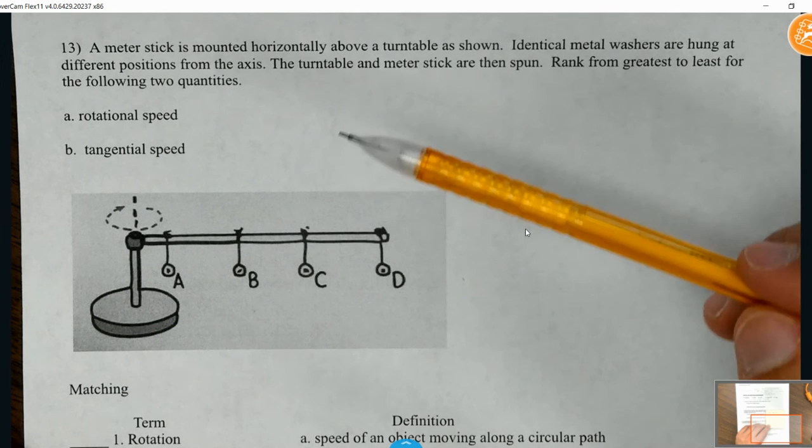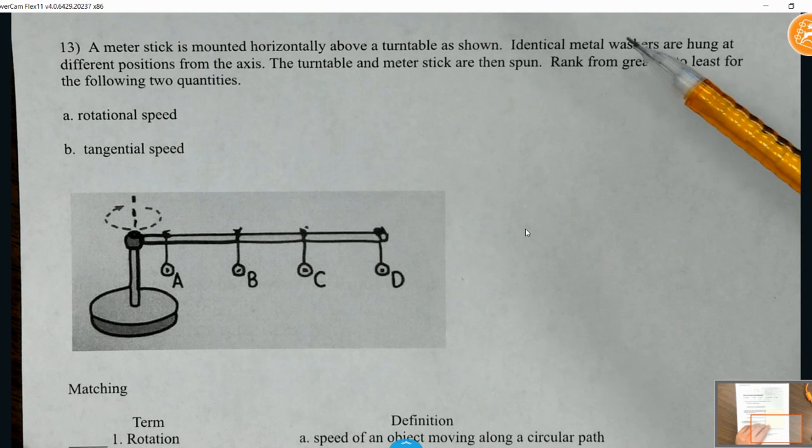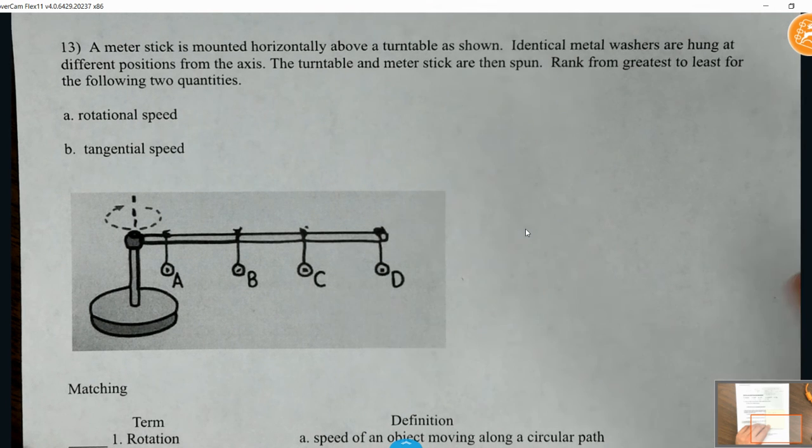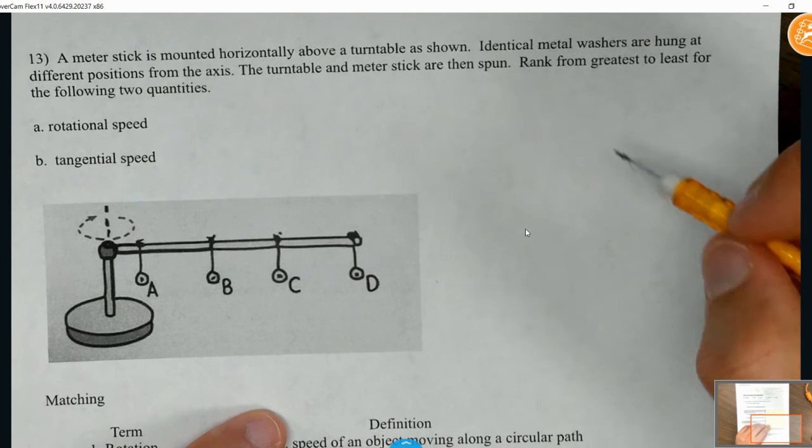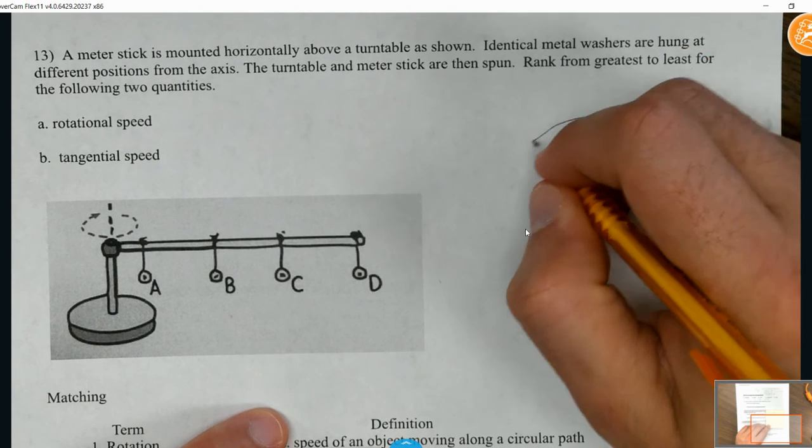Here it wants you to rank them from the greatest to the least for the two following quantities: rotational speed and tangential speed. So I'm going to just draw an overhead view.